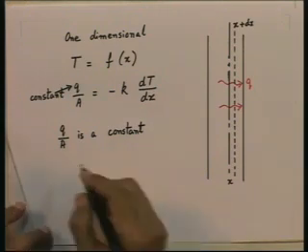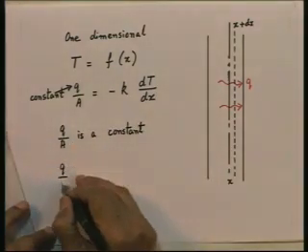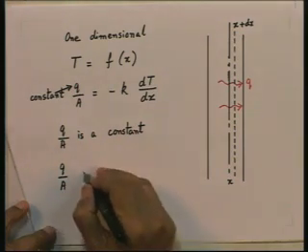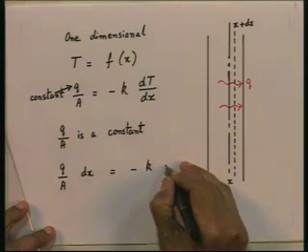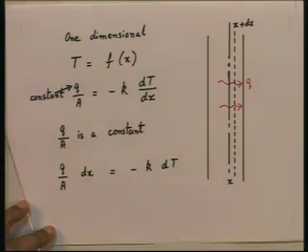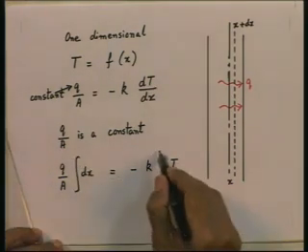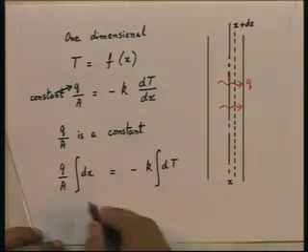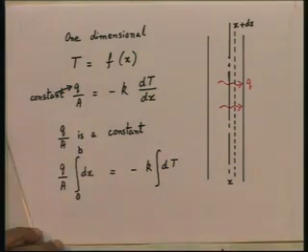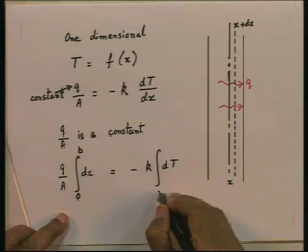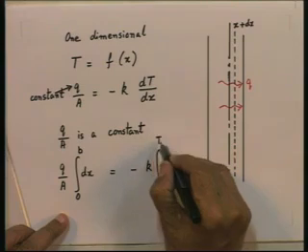Now, with that information, let me rewrite Fourier's law in the form q by a, which is a constant, into dx is equal to minus k into dt. And let us integrate this expression between the limits from one end of the slab, x equal to 0, to x equal to b, where at x equal to 0 the temperature of the face is T1, and at x equal to b the temperature is T2.